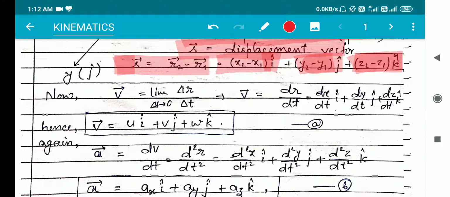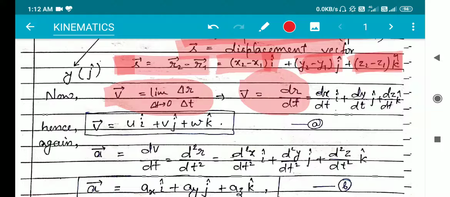Now, as we know, velocity is the rate of change of position with respect to time. By taking the limit at a small time interval, the velocity vector is equal to dr by dt.